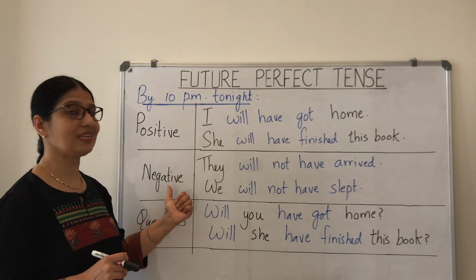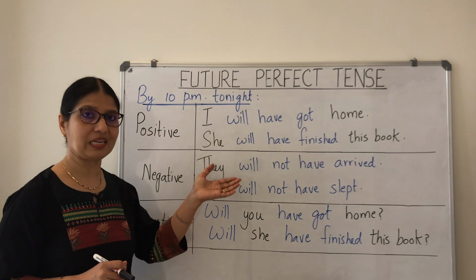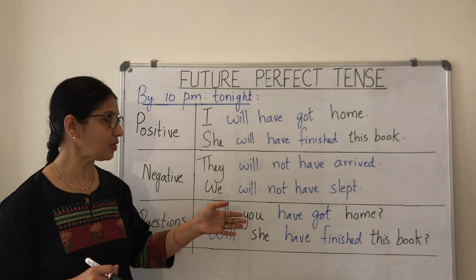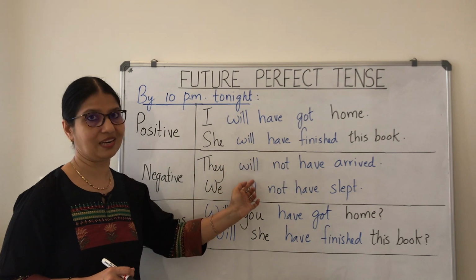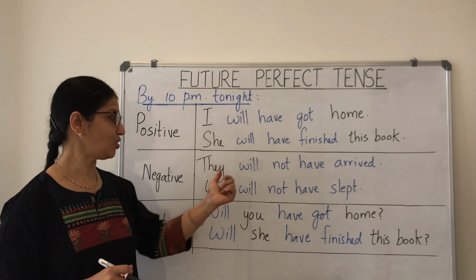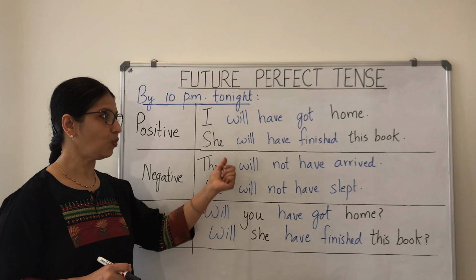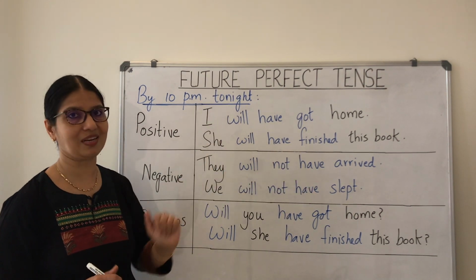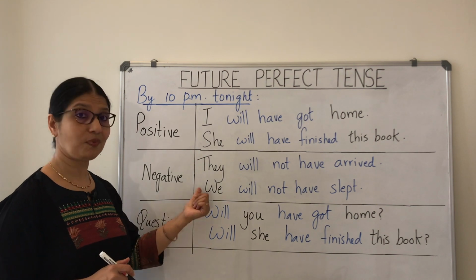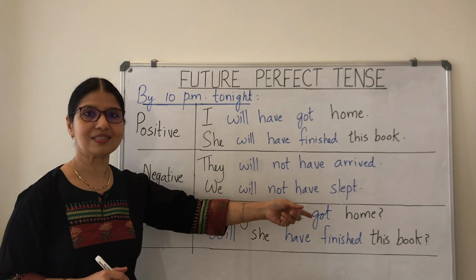The next one is negative. In order to form the negative sentences, you just have to insert the word not in between the two auxiliary verbs will and have. So here you have, they will not have arrived by 10 p.m. tonight. Another one, we will not have slept.